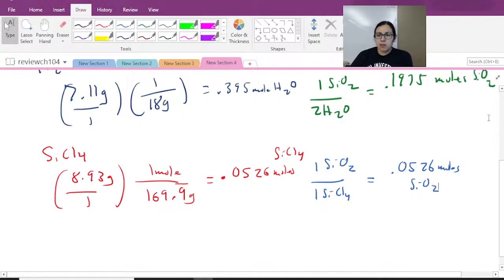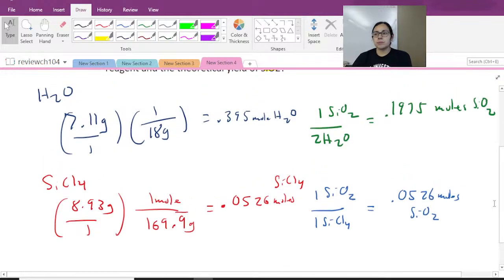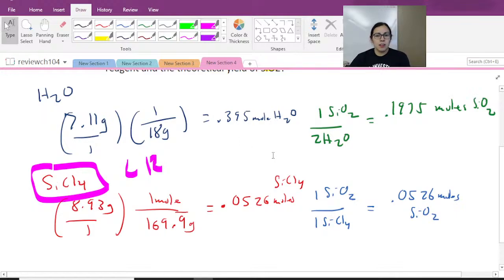And so now comparing these two answers, which one is our limiting reagent? Yeah, so our silicon tetrachloride is our limiting reagent.